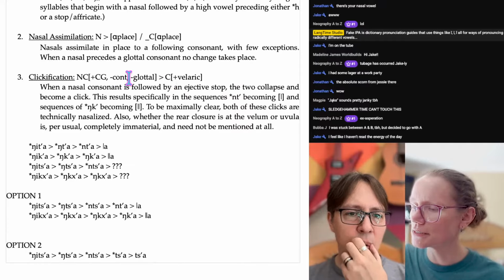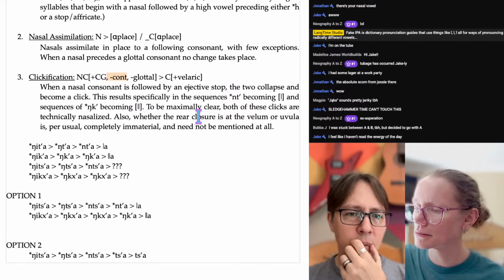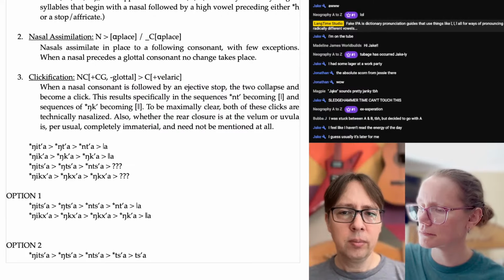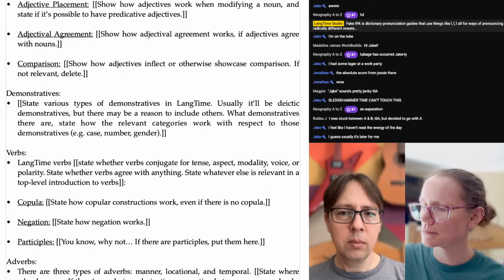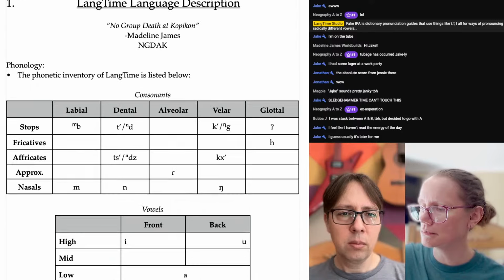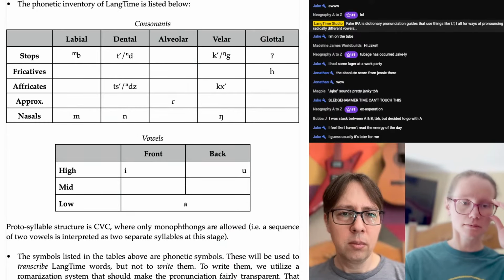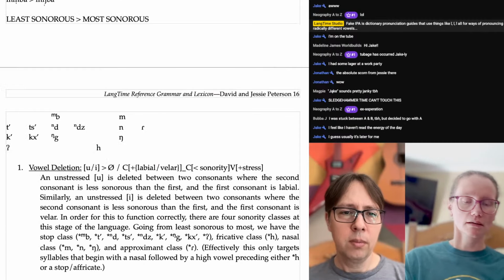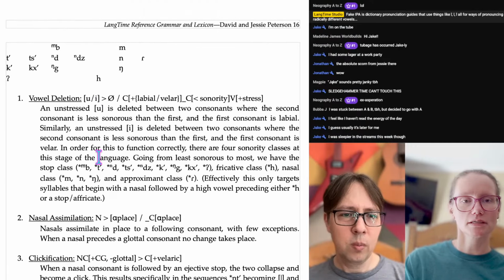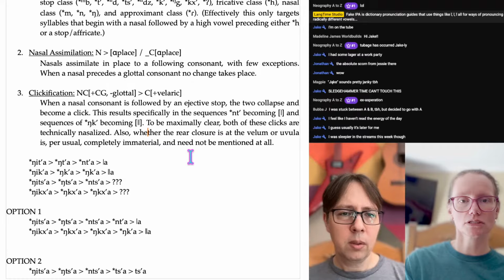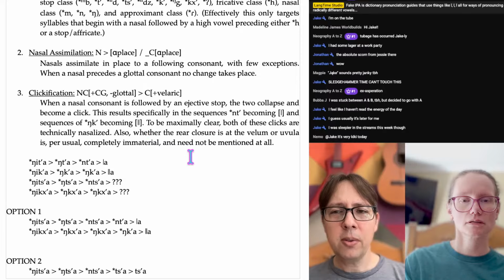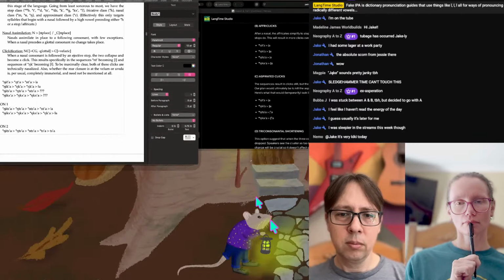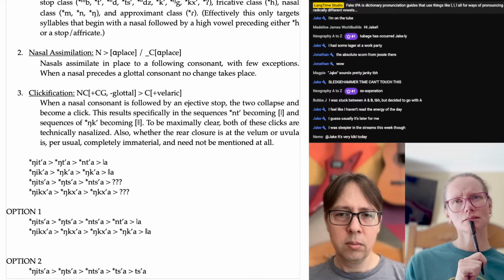Okay, so I guess we need to get rid of the minus constricted, or minus continuant, right? Maybe? I'm in the wrong section, I've realized. I was up in the proto-sounds, which is not where our sound changes are, of course. Because affricates are at least little bitty continuants, yeah?